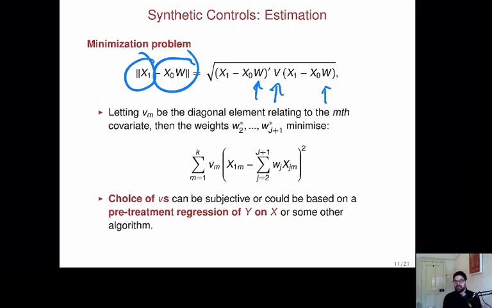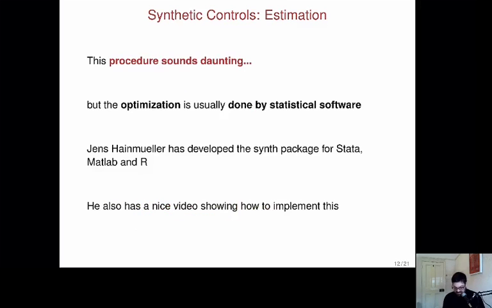Otherwise, it is a standard minimization procedure, and there are algorithms that can easily solve this. That's what's behind synthetic controls. Depending on what algorithm is being used, that determines what counterfactual you will typically get.